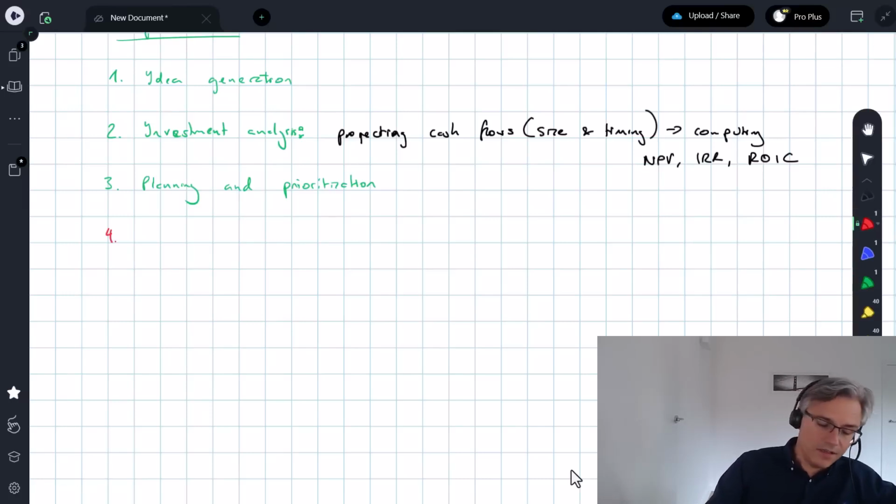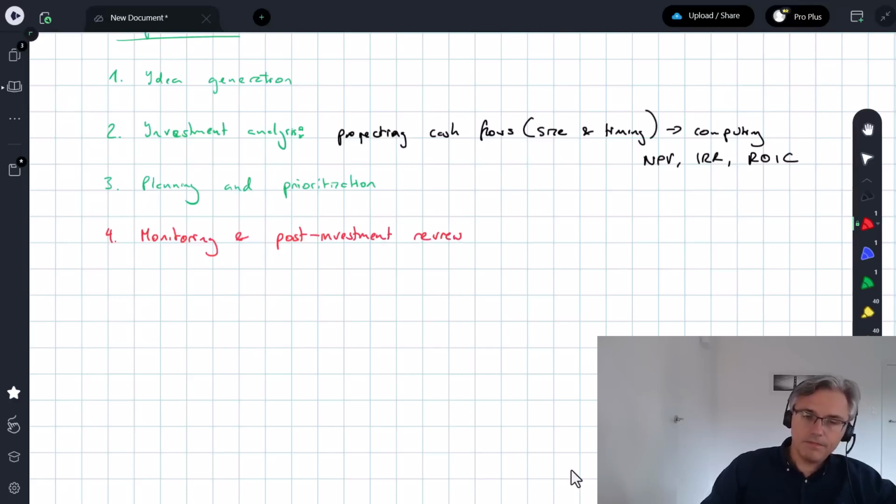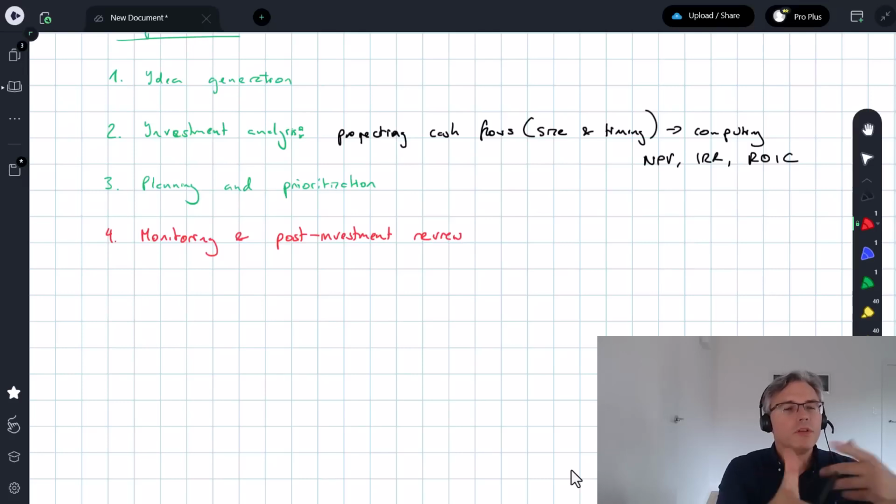And then step number 4, which happens once the project has been undertaken, is monitoring and post-investment review. Why do we monitor the project?